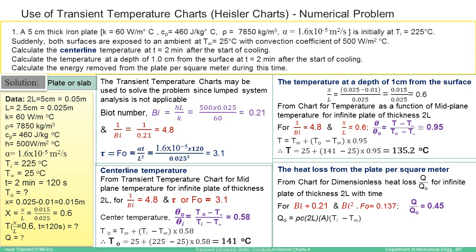You can either take Q naught by A separately, otherwise you can use A is equal to 1 in this equation, wherein you get Q naught equal to 35.33 into 10 power 6 joules, and we use the dimensionless heat loss Q by Q naught is equal to 0.45 and find out the actual value of heat loss from the plate during this time as 15.9 into 10 power 6 joules.